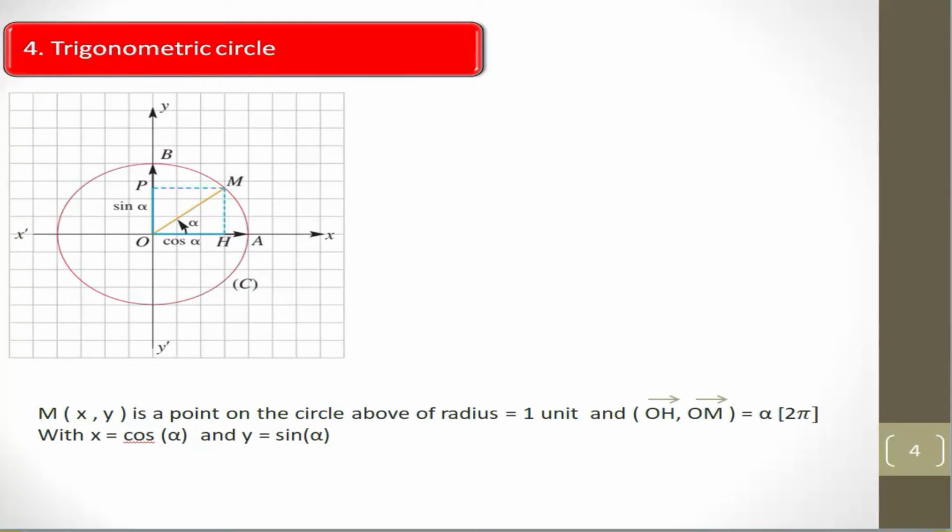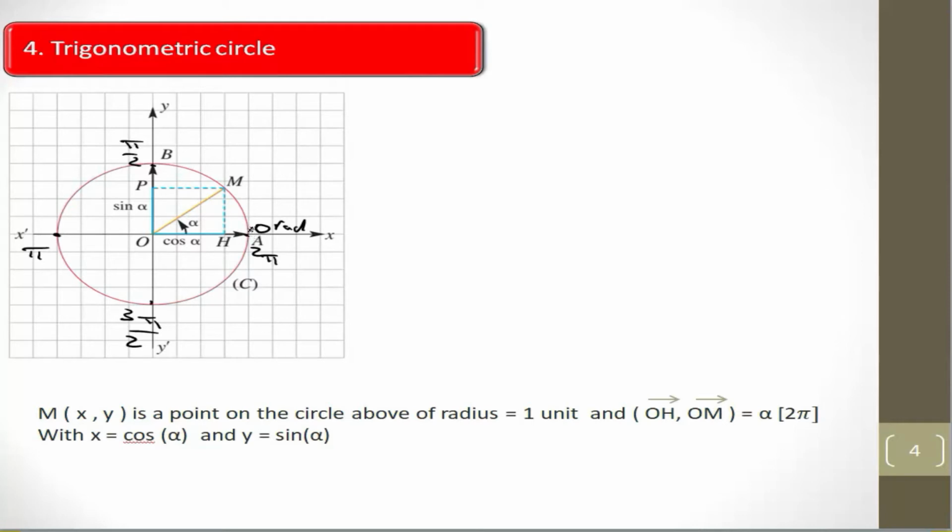In this trigonometric circle, we always start from this point, which is 0 radian or 0 degrees. Then at point B it is pi over 2, then at this point it is pi, and at this point it is 3 pi over 2, and we complete the turn to 2 pi. 2 pi is the same as 0, a full turn.